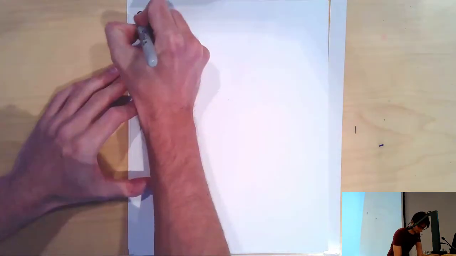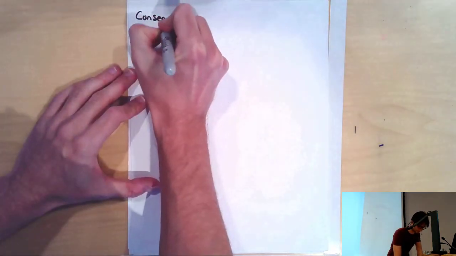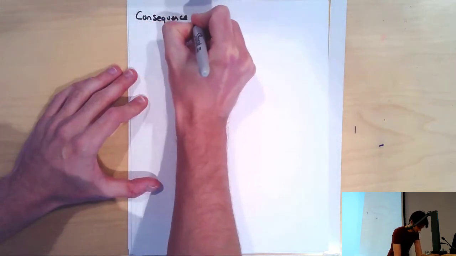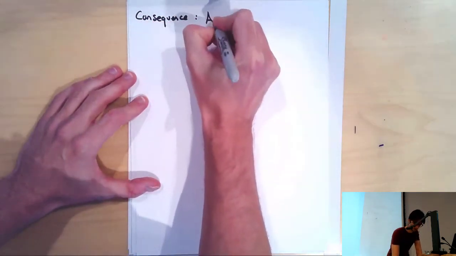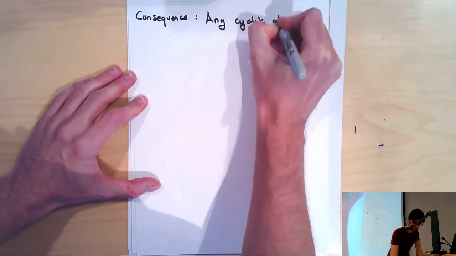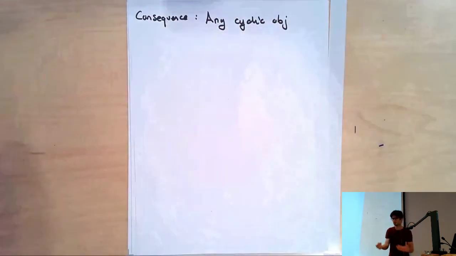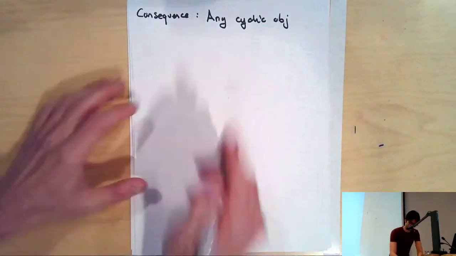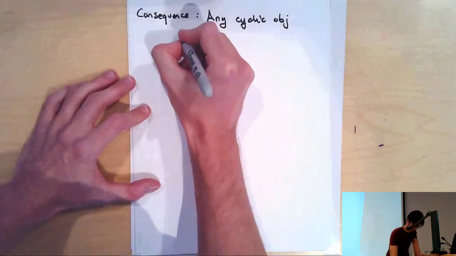And the key consequence of this is that these very combinatorial cyclic objects are closely related to the circle in the following sense. So if I've got some cyclic object, and the main case that we're going to care about is our Hochschild homology, but it's good to see it in general.